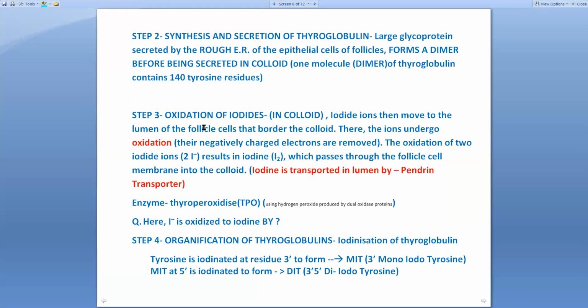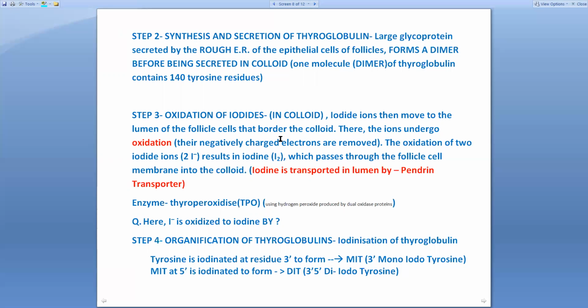So now iodide has reached into the lumen, into the colloid, and thyroglobulin is also secreted into the colloid. So both thyroglobulin and iodide are now present in the colloid. Iodide ions then move to the lumen of the follicle cell that borders the colloid. Here the ions undergo oxidation. This is important, that the iodide ions will be oxidized.